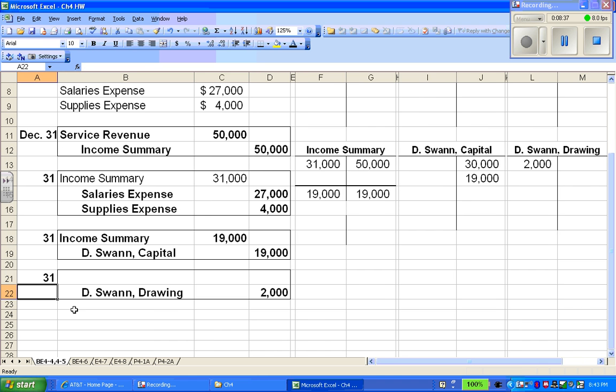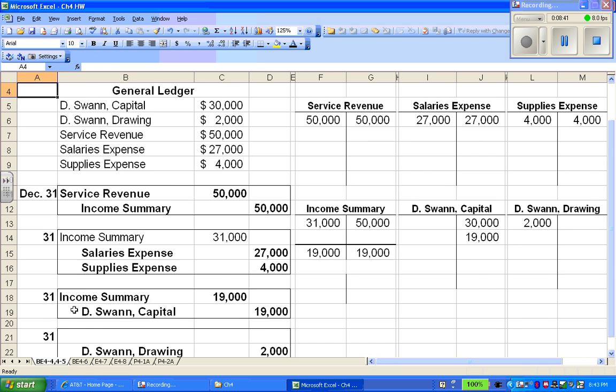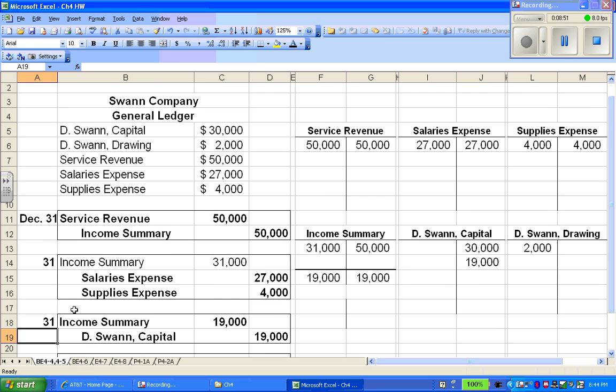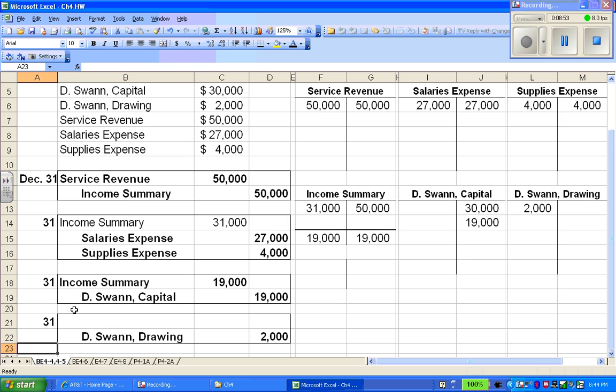Drawing has nothing to do with income, and that's why you don't dump it into the income summary account. Remember, your income is calculated by taking revenues minus expenses. So our drawing account is actually drawing from the capital. So we're going to debit our capital account for 2,000. And that's how we'll close out that drawing account.